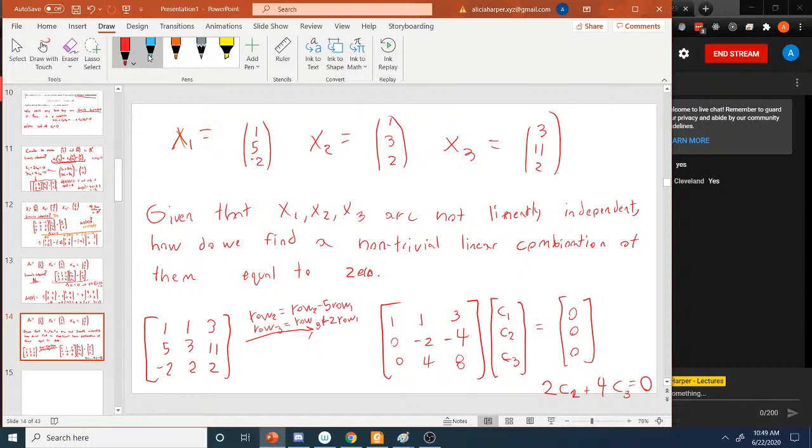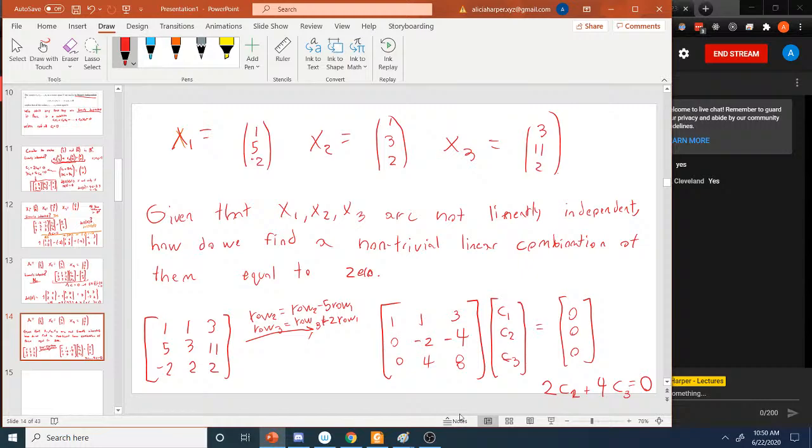This corresponds to the fact that if I row reduced further, I would have only 2 bound variables, C1 and C2, and C3 would be the free variable. You can see that, as I can just use this row to cancel out this row by multiplying it by 2.